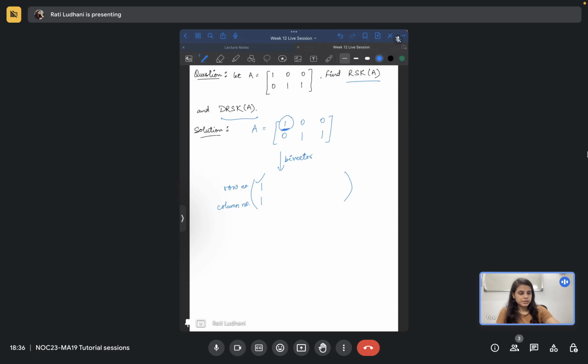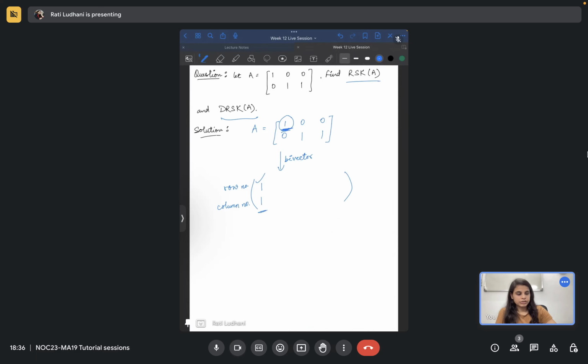The entries could be in Z plus, but when we calculate the dual, we only consider 0-1 matrices. That is a difference when we consider dual RSK. Right now we are just looking at ones and zeros, so we either write an entry or we don't, just one time.